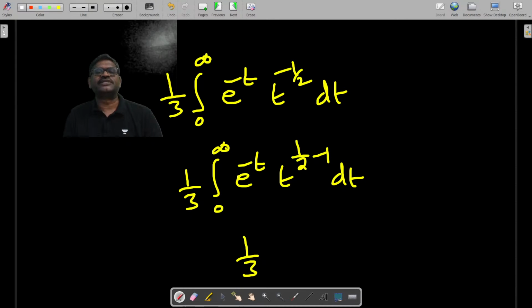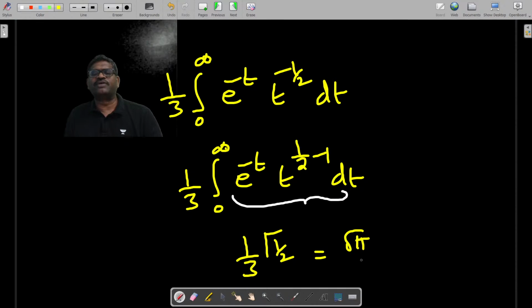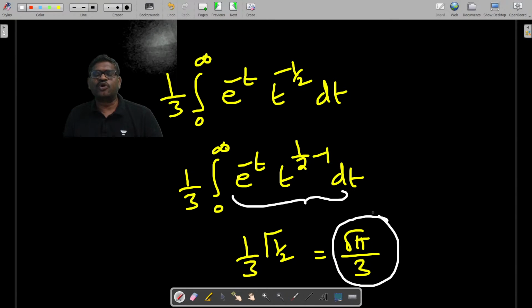This is nothing but gamma 1 by 2. Gamma 1 by 2 value is root pi. Therefore, the value of the integral is root pi by 3. Understood?